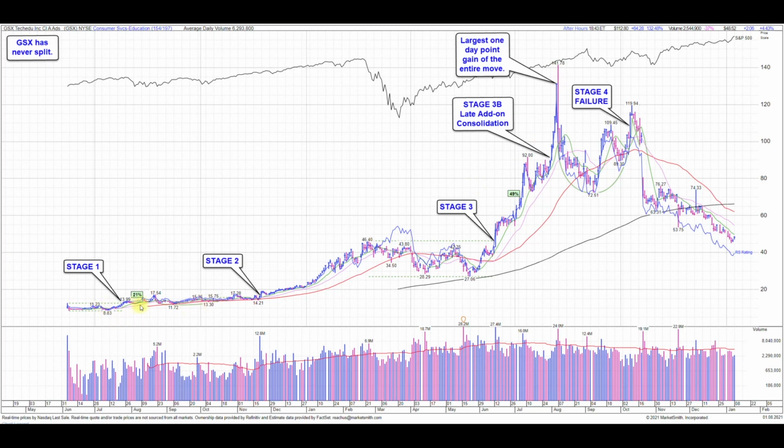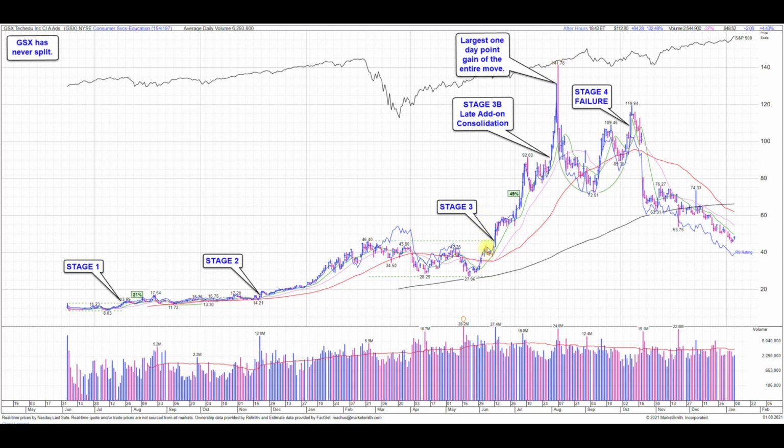Even if we don't start counting from back here, granted GSX has never split, so the soonest I would, the teens is the lowest I'd typically start buying something. But even if you had waited to buy this stock until 46.40, in just a few months it goes from 46 to almost 142 in just a few months.